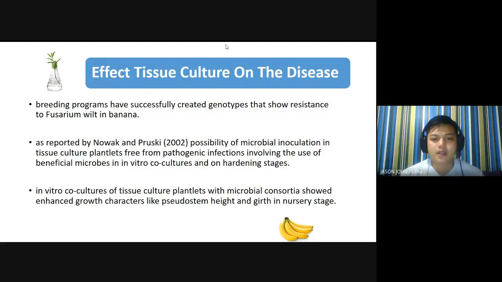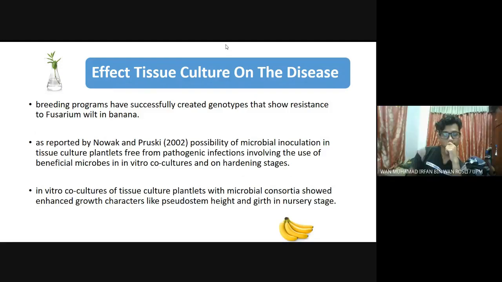Possibility of microbial inoculation in tissue culture plants free from pathogenic infection, involving the use of beneficial microbes in vitro co-culture and on hardening stage.